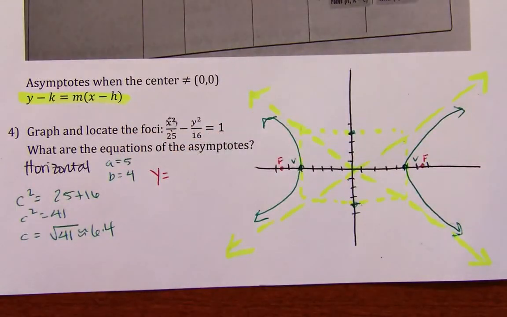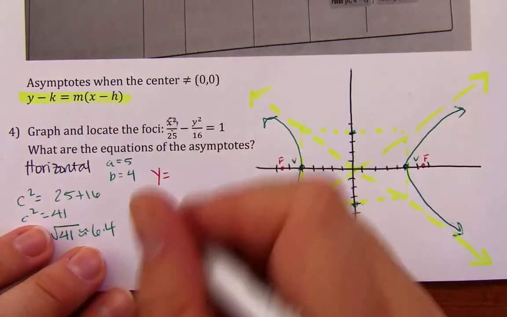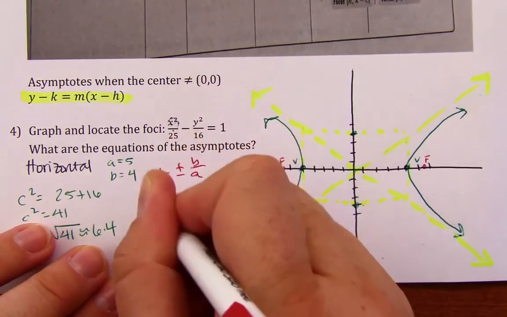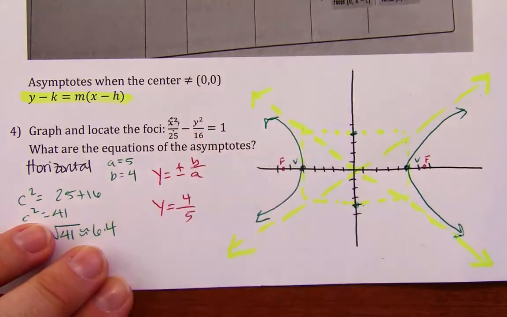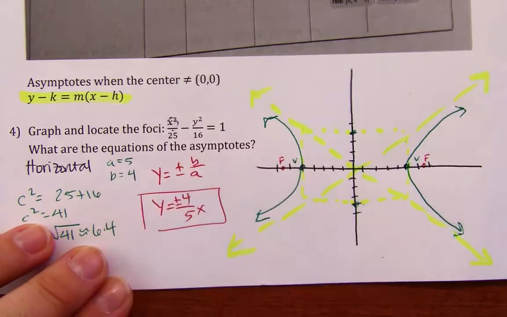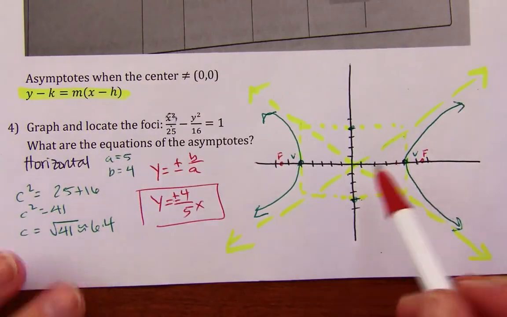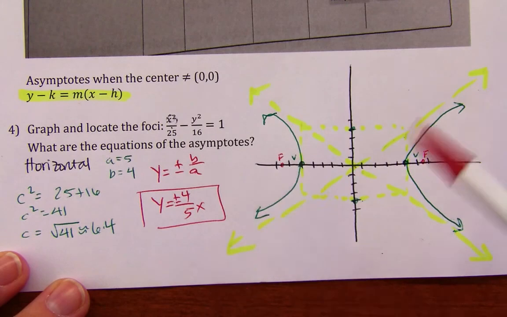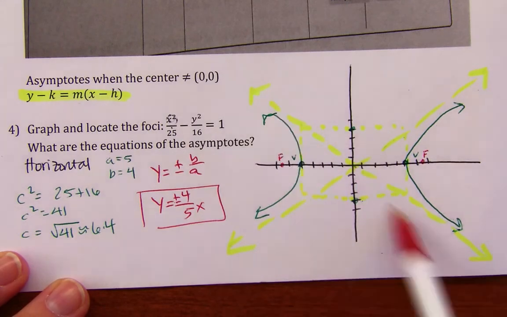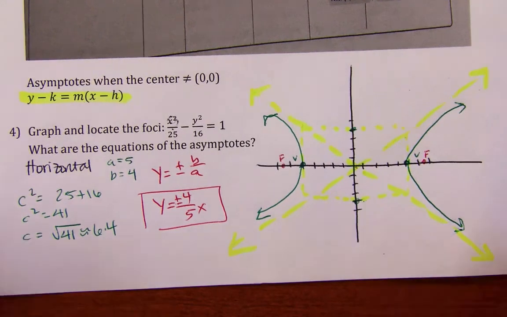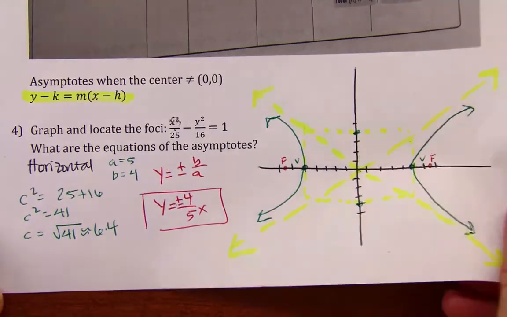And because this is a horizontal hyperbola, we have our b over a. And those are the equations of our asymptotes. This is up 4 over 5, and that's the slant of this asymptote, and up 4 over 5 here. So there's our first graph. Let's go ahead and flip the page and do a few more examples.